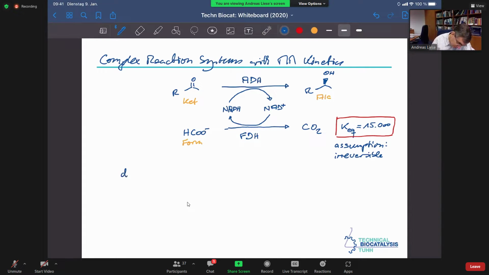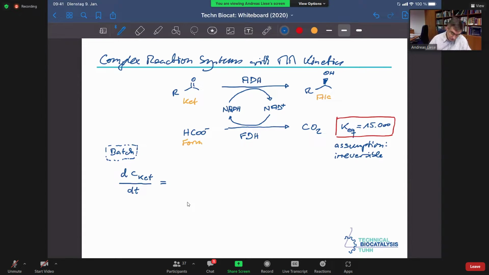We say, okay, the concentration change of the ketone that is being consumed by time equals the... and now we are describing this. I should add, sorry, for batch reaction. The same approach is true for the CSTR or PFR, then you just need to add the residence time term, what we discussed last time.